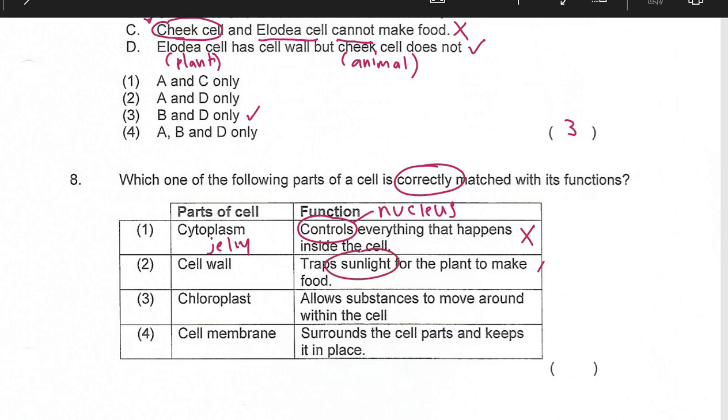Is that also true? Not true. Because for sunlight, the part of the cell that takes charge of it is the chloroplast. Chloroplast allows substances to move in, around, and within the cell. When I see the word move, moving in and out, no, because this is the job of a cell membrane.